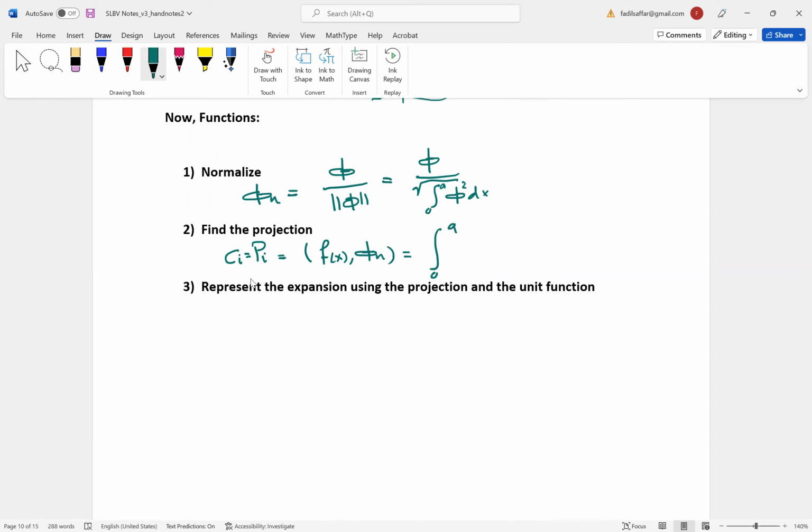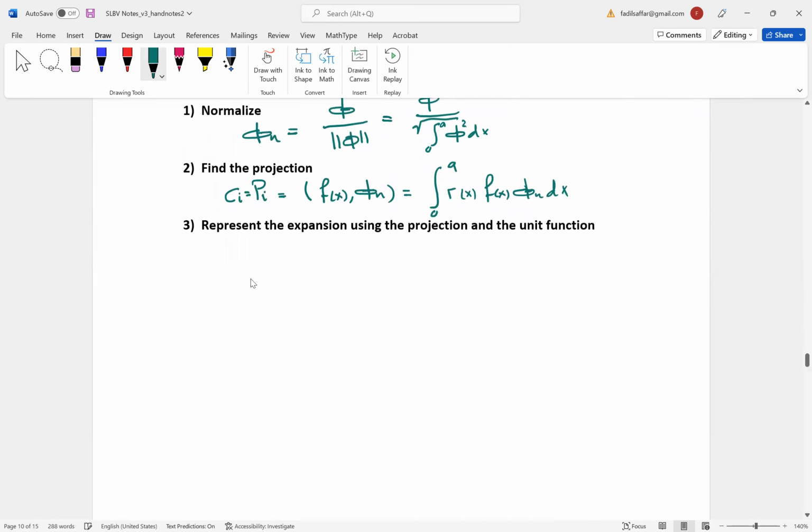That's the definition of the inner product. So that's just, and many times that's just 1 times f of x times phi dx. And that's what the projection is. And at the very last step, we basically take that projection and multiply it by the unit function.